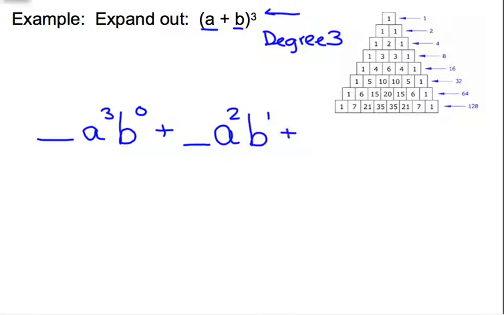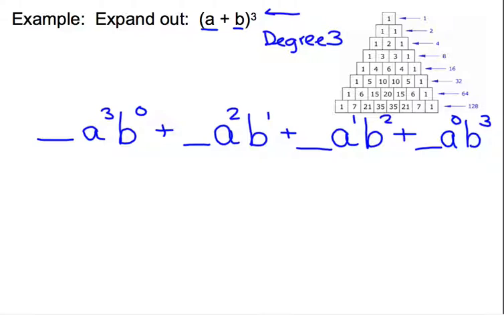And then plus, leave a space, drop a degree, A to the 1st, increase the B to B squared. Plus, leave a space, A, we're going to drop a degree on the A and increase a degree on the B. Now here's where Pascal's triangle comes into play.